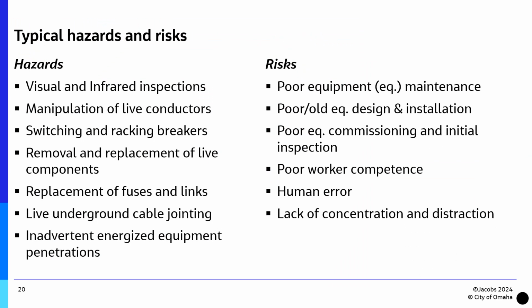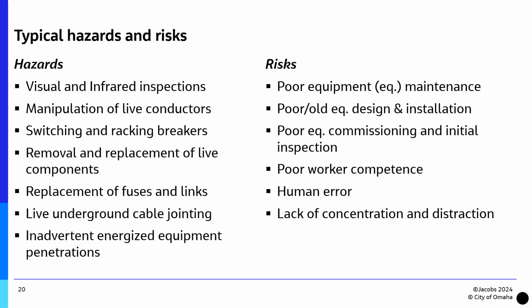Typical industry hazards include visual and infrared inspections, manipulation of live conductors, switching and racking breakers, removal and replacement of live components, replacement of fuses and links, live underground cable jointing, and installation of cables into energized equipment, as well as inadvertent energized equipment penetrations.